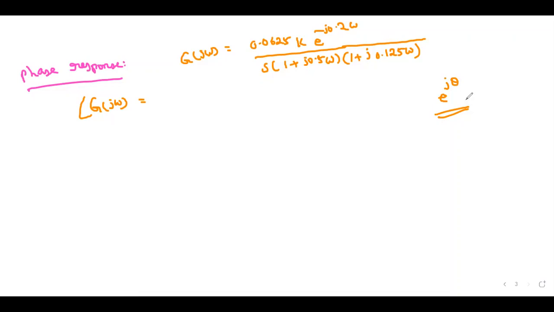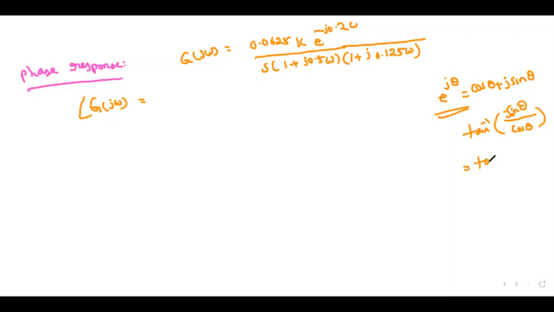Say e power j theta. How do we write it? Cos theta plus j sin theta. Correct. So this is a complex number. How do you write the angle of a complex number? Tan inverse of the imaginary part divided by the real part.